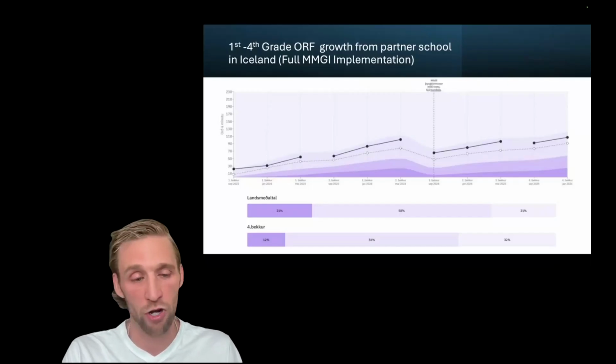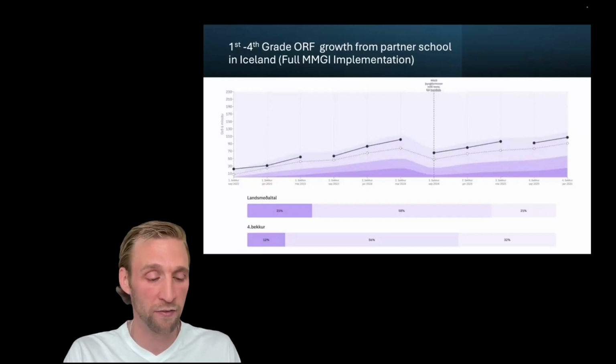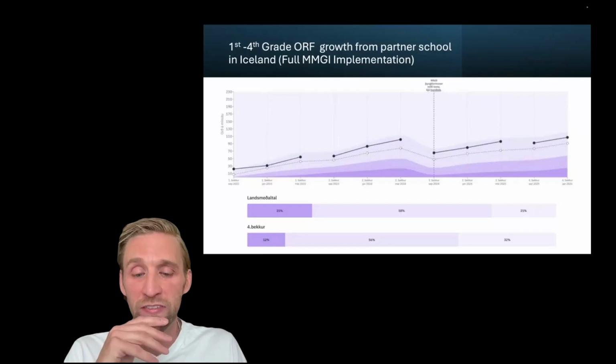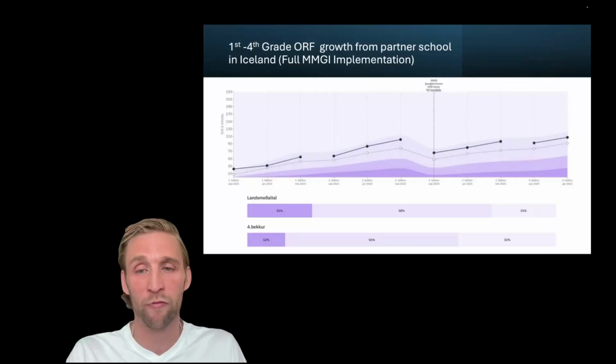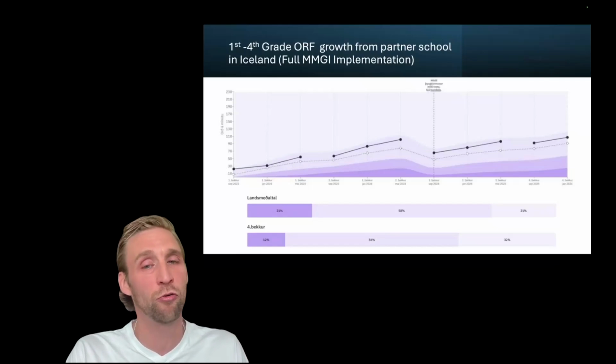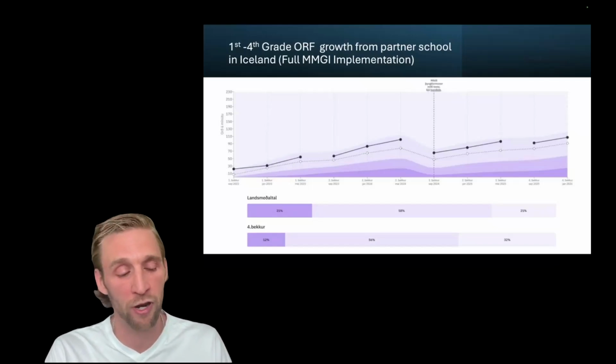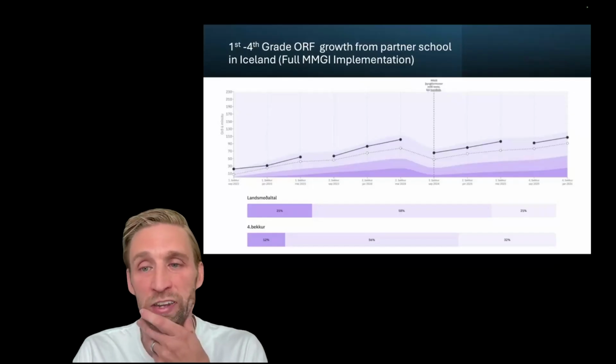Oftentimes, things like direct instruction and precision teaching get relegated, I think, to tier three intervention, maybe tier two. So I really like sharing these data, where if you embed this as part of your tier one preventative strategies, you can get huge growth and really help a lot of kids from the outset. Because if we can catch them in first and fourth grade, it makes their lives and everyone else's lives significantly easier.